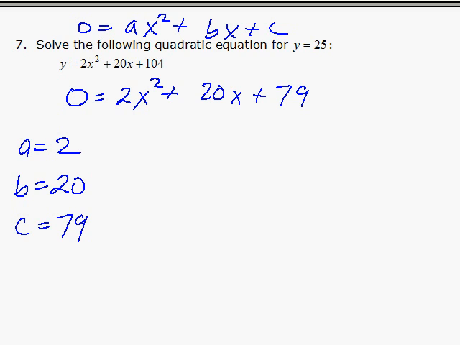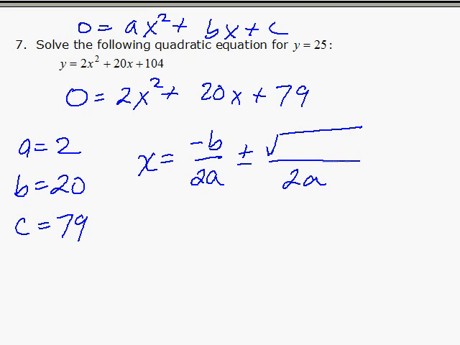The quadratic formula is x equals minus b, plus or minus the square root, over 2a. I'd like you to write it this way: don't write this whole thing over 2a. Separate the two pieces. I'll tell you why in a minute. Now I have to have 20 squared, so I've got b squared minus 4ac.